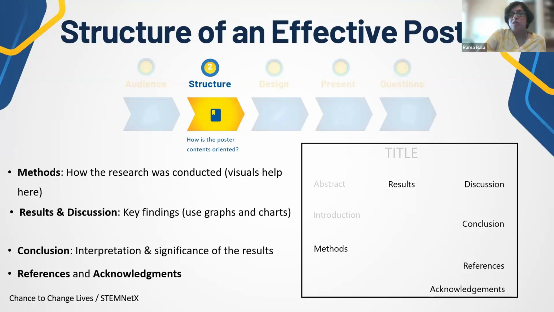And most often there is a summary or a conclusion which draws in key results and the significance of those results or interpretation of the modeling that you may have done in your research. So all of those are encapsulated in a summary statement or a conclusion paragraph. It doesn't have to be too long, 4 or 5 sentences.